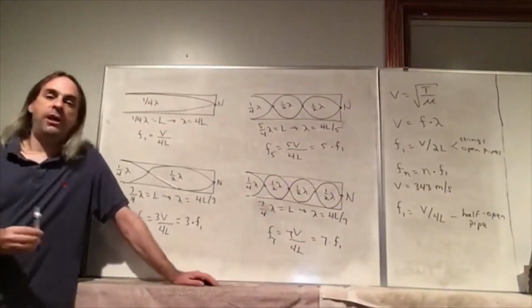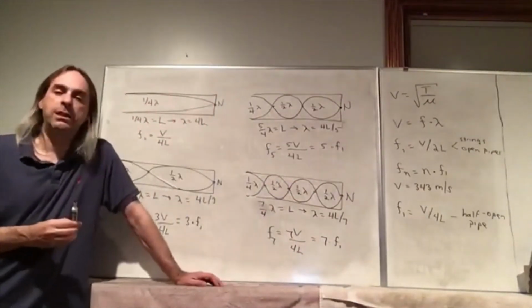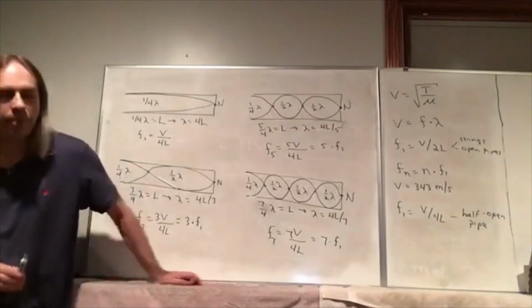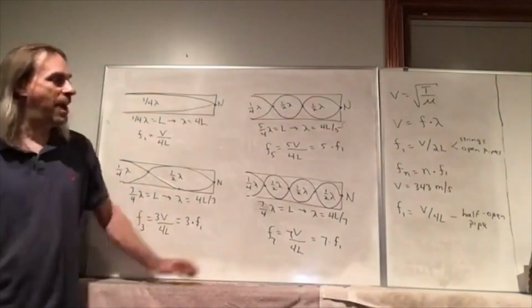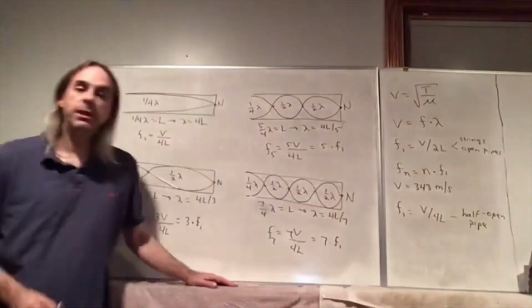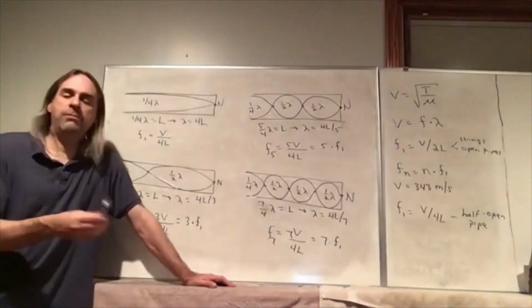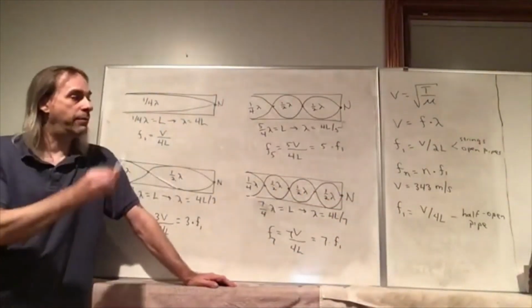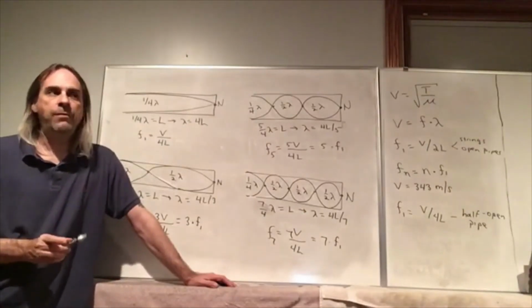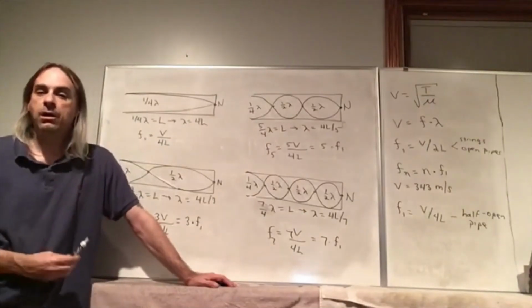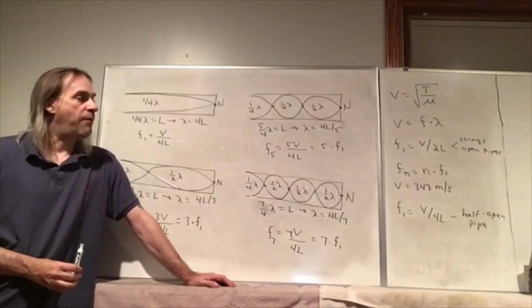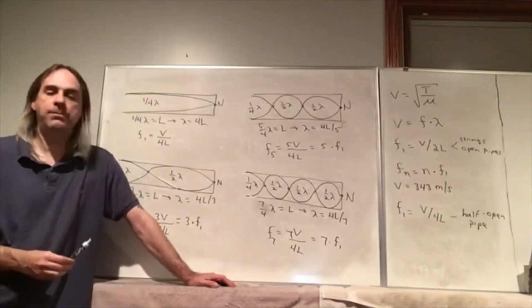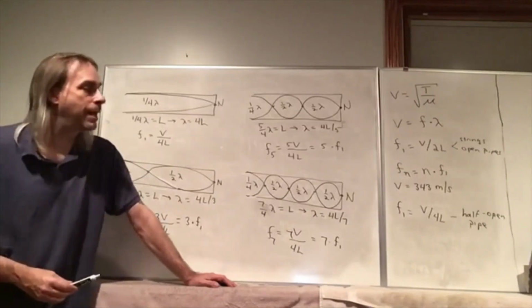So basically, if you want to know what frequencies are going to resonate in a tube, you need to know F1, the fundamental frequency. Or we can look at waves on a string as well, find F1. And then we have to know what type of harmonics are going to occur. So for strings or open pipes, all the positive integer harmonics are going to occur.